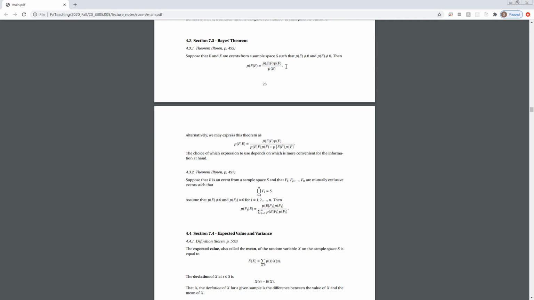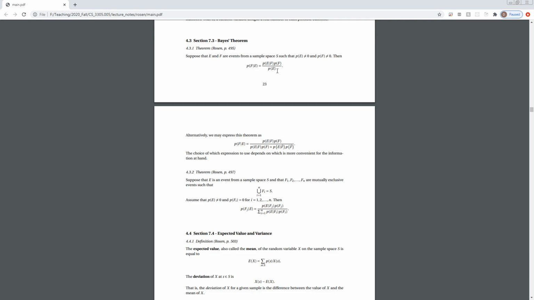But that's not strictly how this formula was derived. If you look in the book, you can see that it relates these probabilities using the probability of E intersect F, so the probability that both events happen. Then it makes some substitutions and eventually derives this formula.